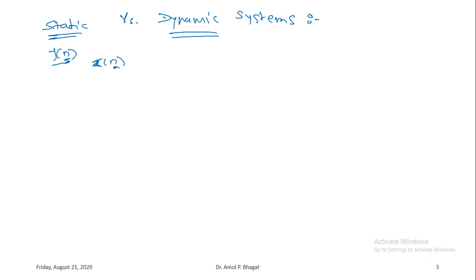If the current instant is small n, what will be the past input samples? The past input samples will be x of n minus 1, x of n minus 2, x of n minus 3, and so on, right?